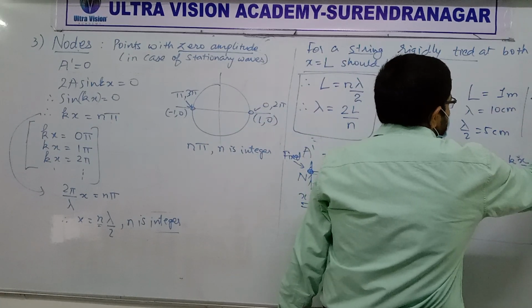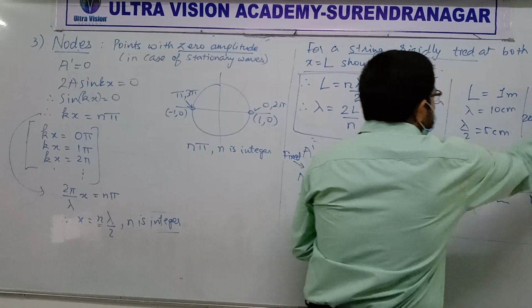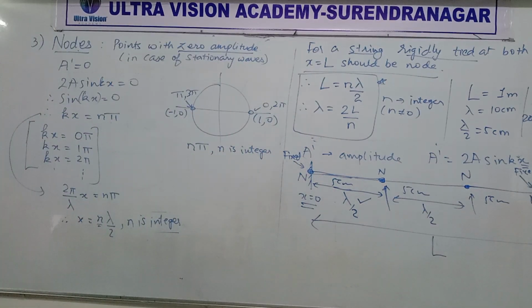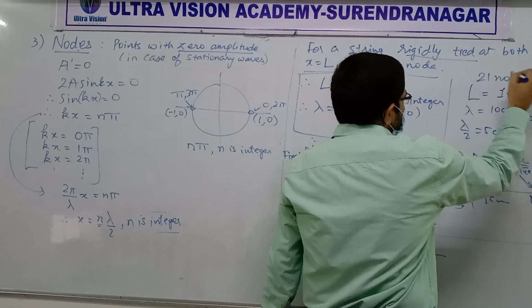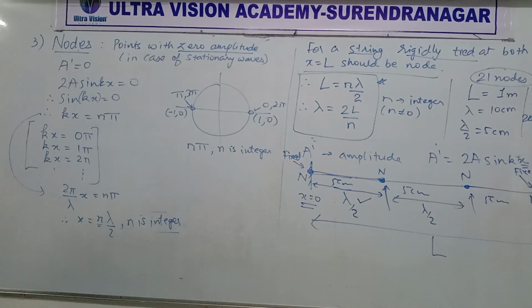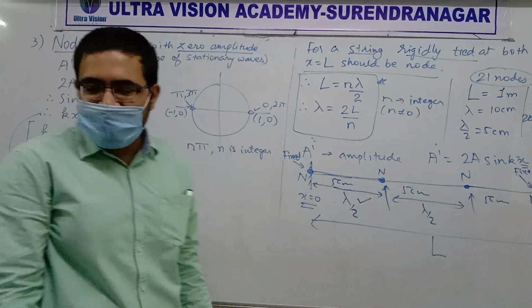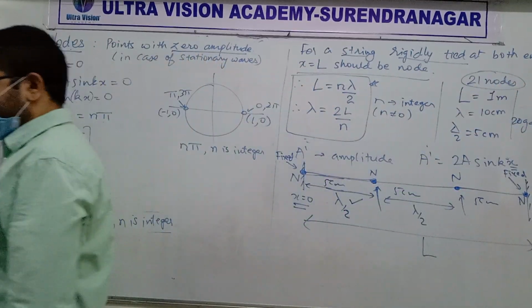Clear? 20 gaps. So there are 21 nodes. If there are 20 gaps, there would be 21 nodes. Method clear?